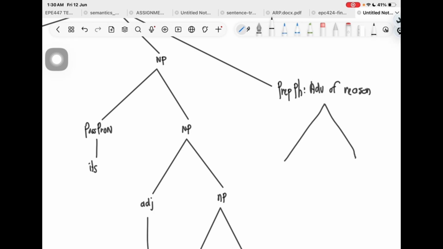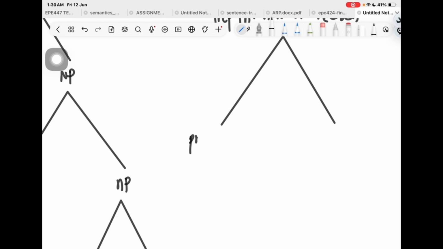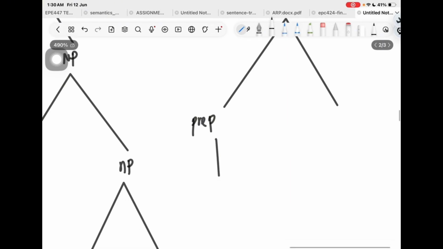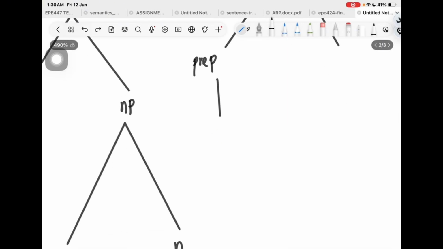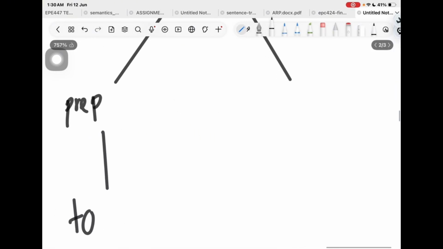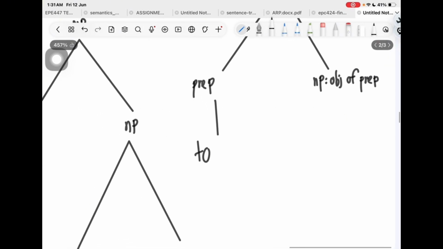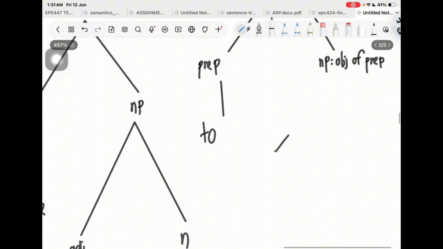And then two branches. The first one is for the word to. And then right here we're going to have noun phrase, object of preposition, and then we're going to have two more branches.